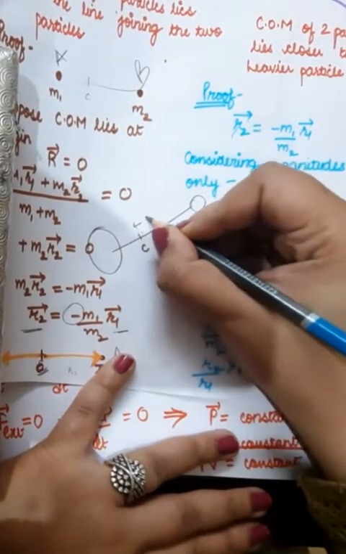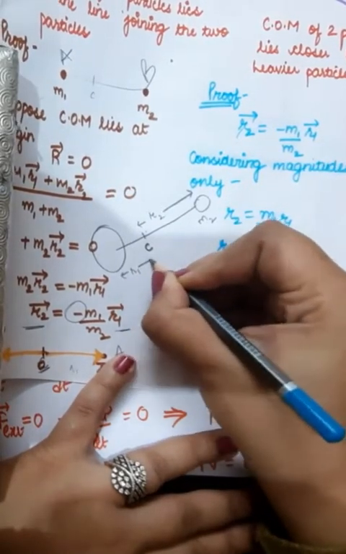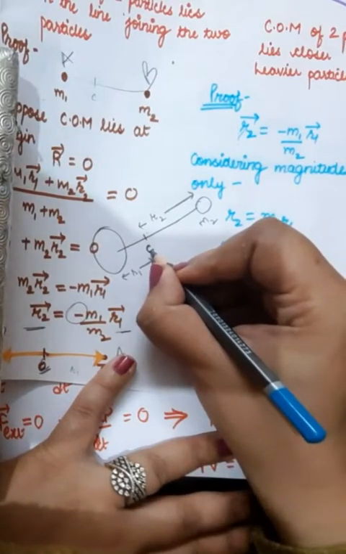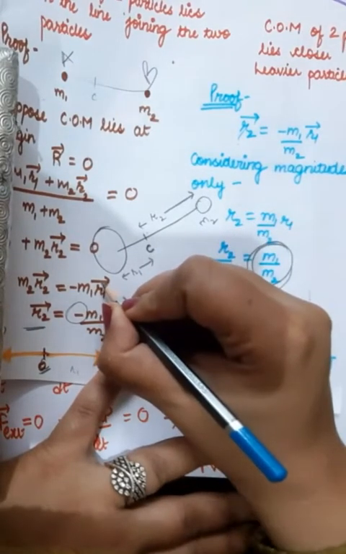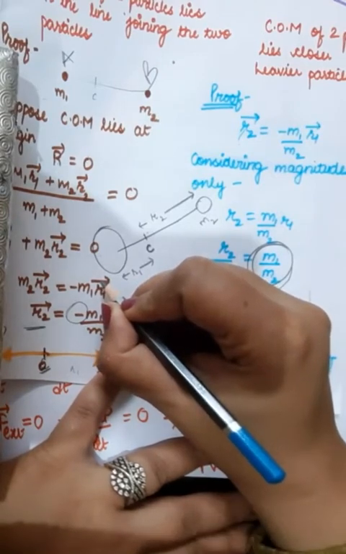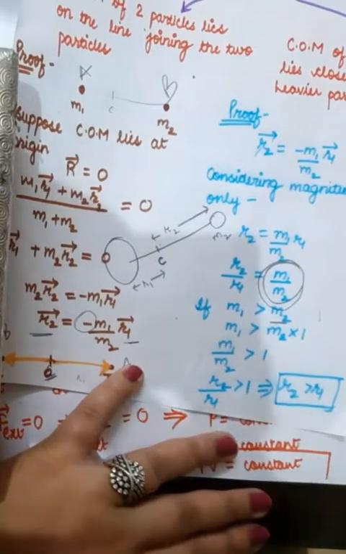Like this distance is very much greater than this distance. You know what you have proven? That center of mass actually lies very, very close to the heavier mass. So yes, here we have proven the second conclusion.